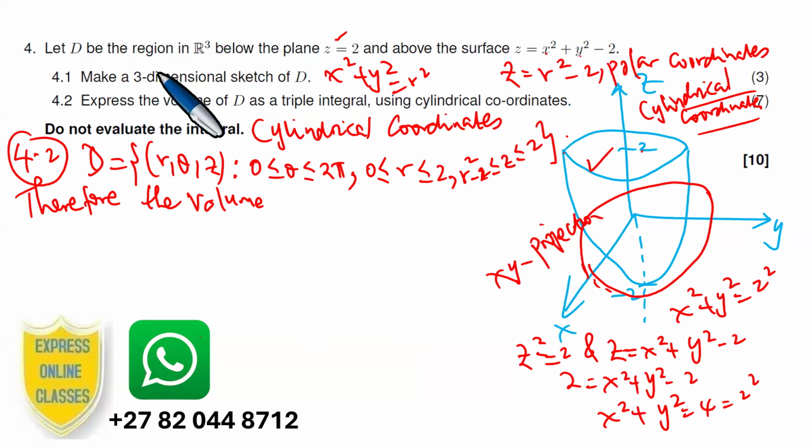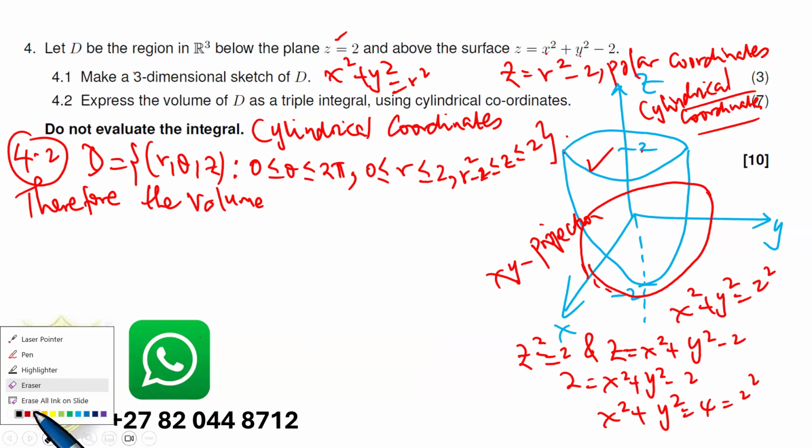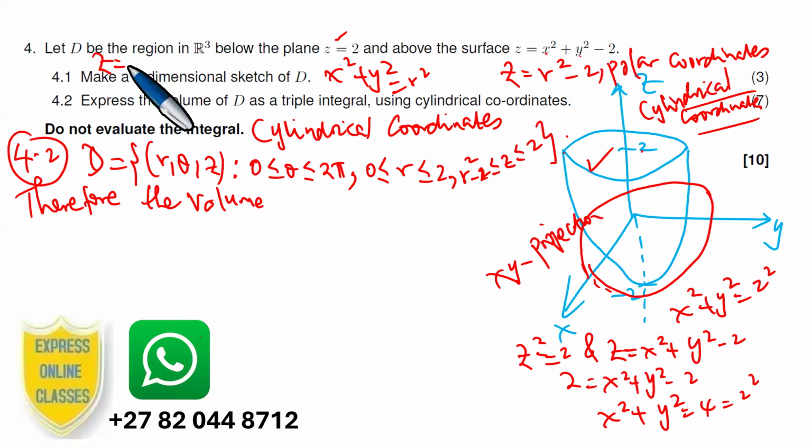We can see that z here is x squared plus y squared minus 2. What is x squared plus y squared? It's r squared minus 2. That is why it becomes r squared minus 2.